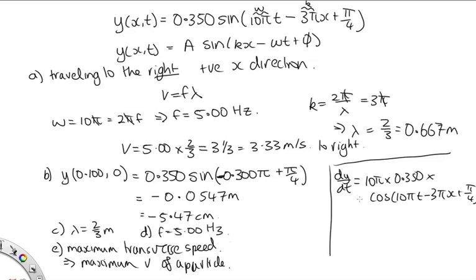Now it wanted to know the maximum transverse speed. The maximum is going to occur when this cos function is equal to 1, because that's the maximum the cos can be. So this will be 10 pi times 0.350, v max in the y direction, and this will be equal to 11.0 meters per second if you solve it on your calculator.